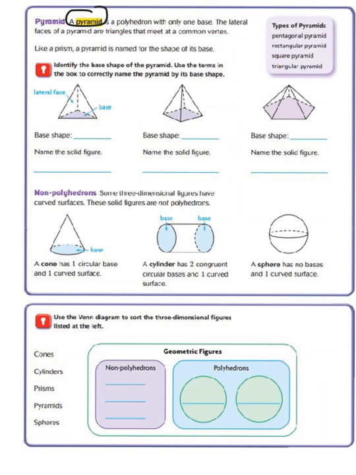So our base shape is going to be a triangle. So then using our base shape, that's going to be what names the solid figure. So we're going to then have a triangular pyramid.